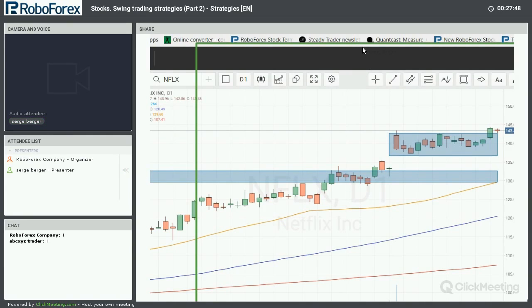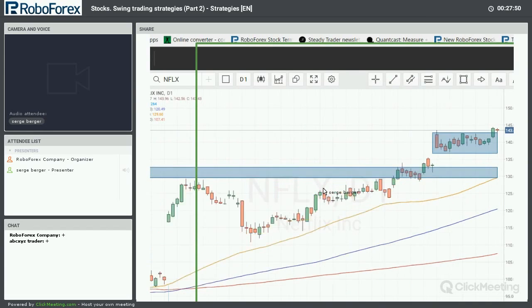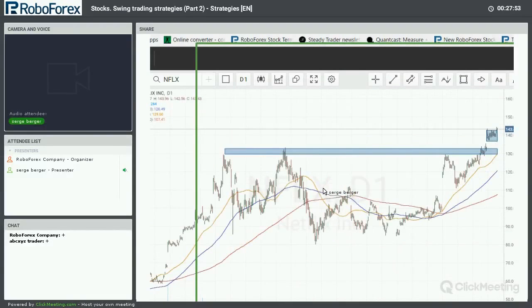Now, one of the biggest, most difficult things for people to do is to buy a stock once they have been stopped out of it a couple times. So let me show you what I mean. Maybe you were looking to buy Netflix here because you thought the stock was going to go higher and break past this point. Well, obviously it didn't work, so hopefully you would have stopped yourself out. Well, it happened again here, quite a bit later, and maybe you tried it again.